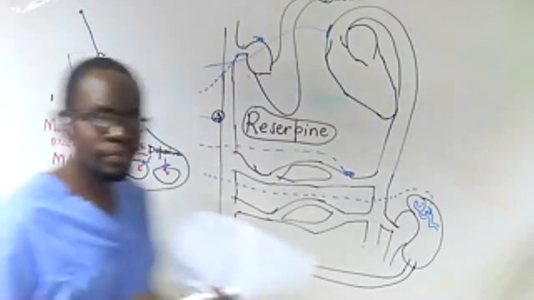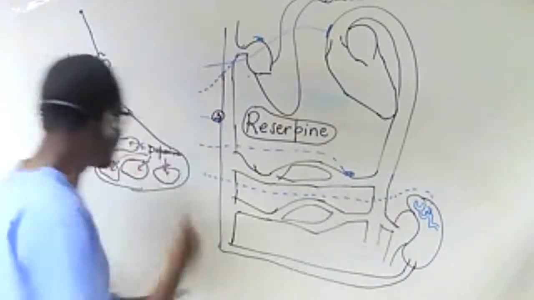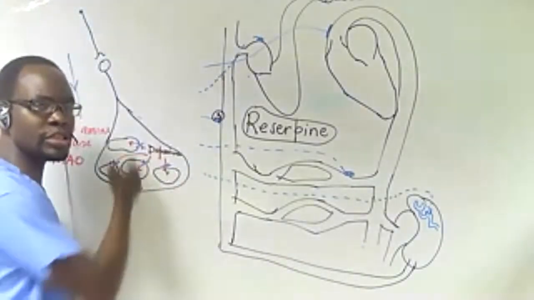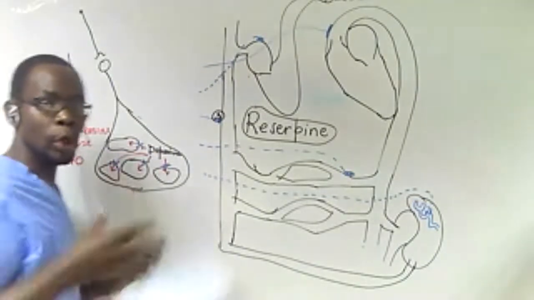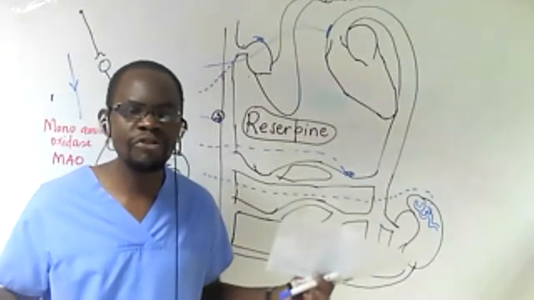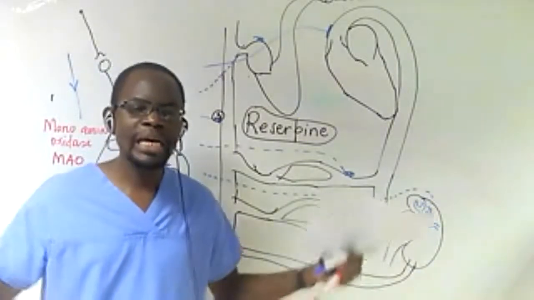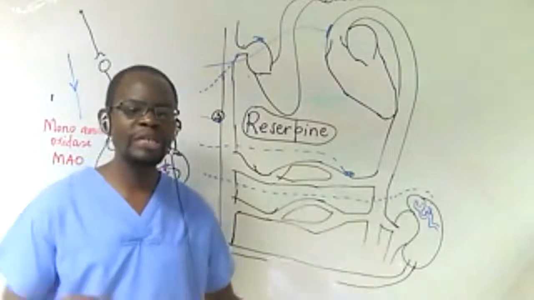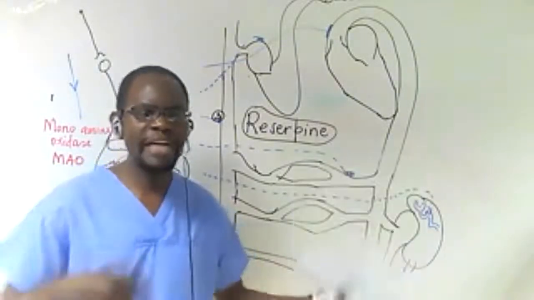And so, what happens? Since dopamine is not being pumped into the vesicles, shall we have norepinephrine? No, we shall not have norepinephrine, because dopamine is not pumped into the vesicles and later converted into norepinephrine.